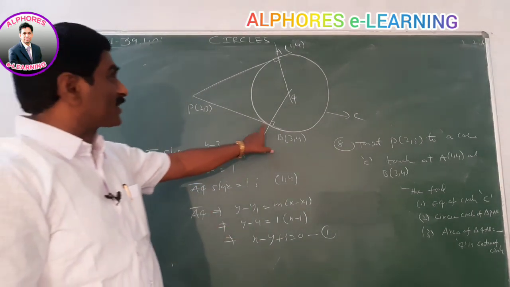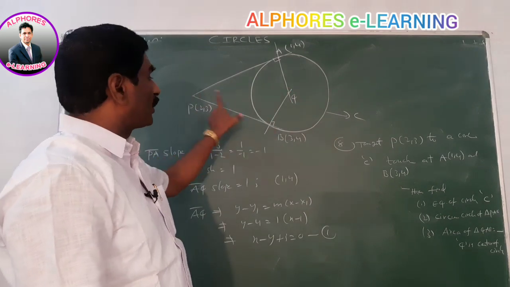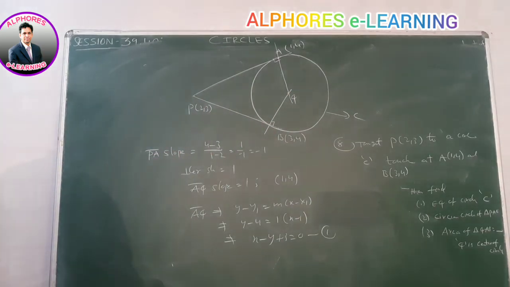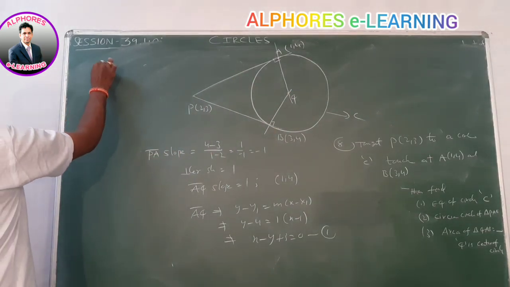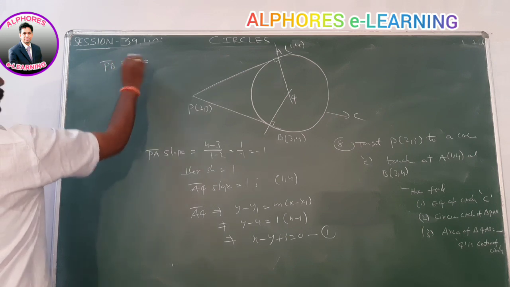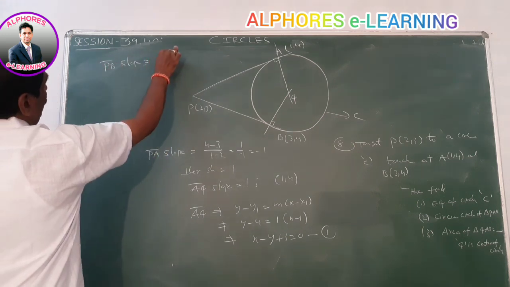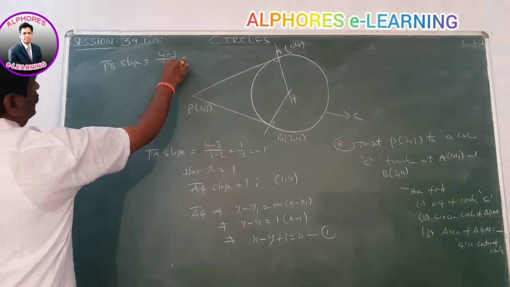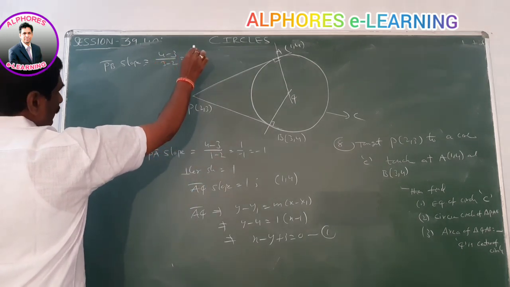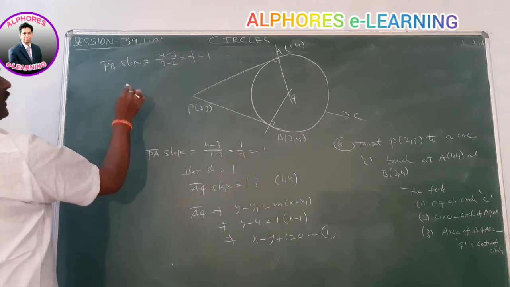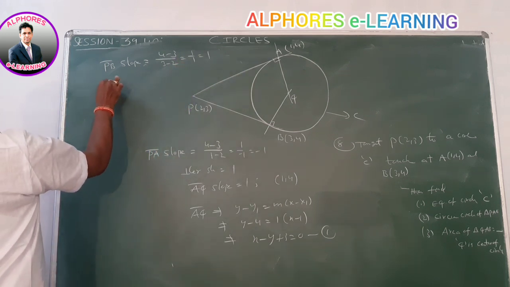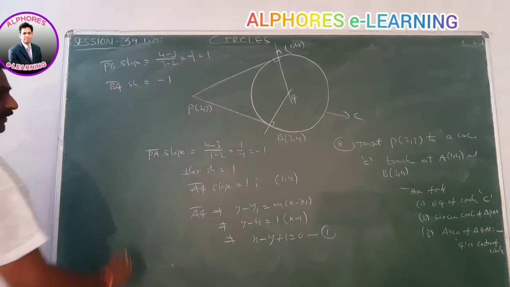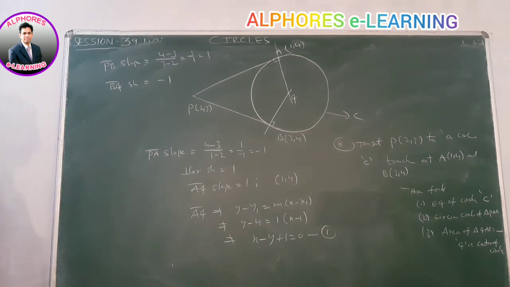Similarly, we find the equation of BQ, which is perpendicular to PB. The PB slope is (y2 minus y1) by (x2 minus x1), that is (4 minus 3) by (3 minus 2), which is 1 by 1, so 1. The perpendicular slope is minus 1. Therefore the slope of BQ is minus 1.